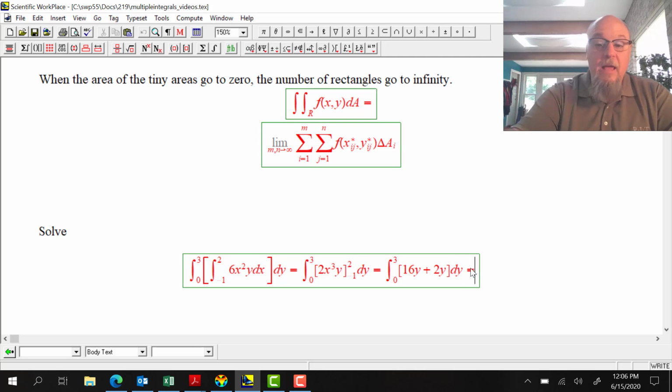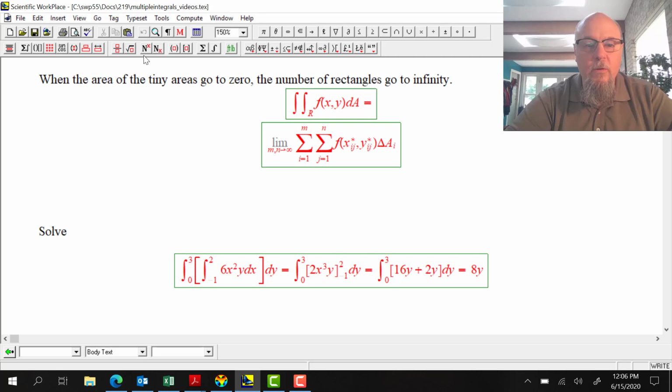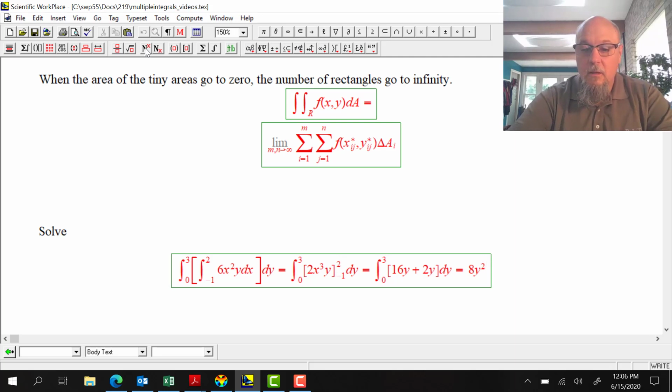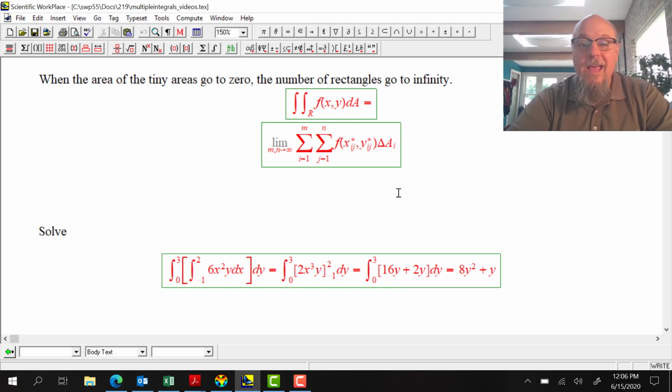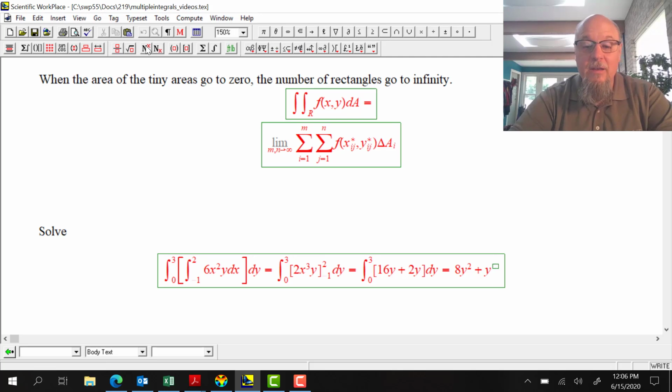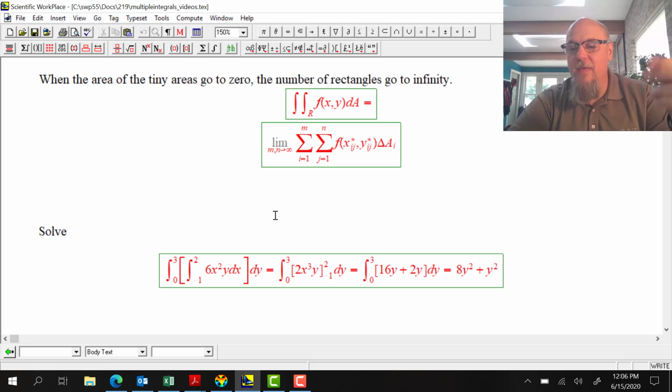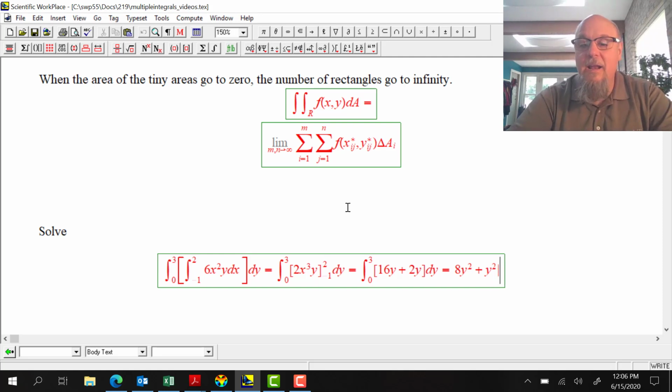And now the last thing we got to do is just do our integration with respect to y. So 16y, that's going to be 8y squared. Add 1 to the exponent, divide by what's up top. Plus 2y, that's another y squared. And I guess I could have simplified, probably should have, simplified that 16y plus 2y, just made it 18y, but I didn't.